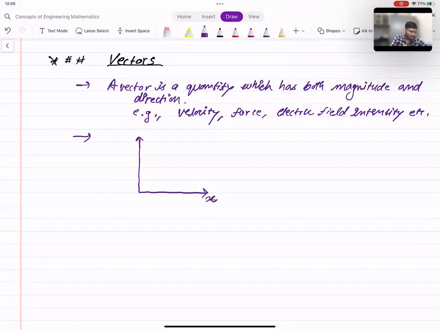Okay. So suppose we have a point here, and its coordinates are x and y, and it is like this. If we join it with the origin, this is x and this is y. So here, this is something known as the vector.